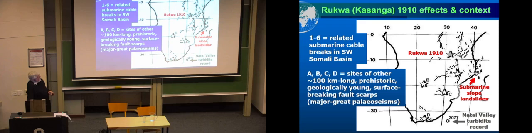So clearly, the continental slope was shaken in such a way that it collapsed, disrupted all of the submarine cables in that area, which were the main ways in which all the communications took place, particularly with marine trade and so on at that time.